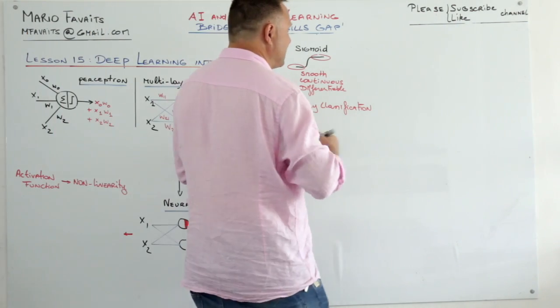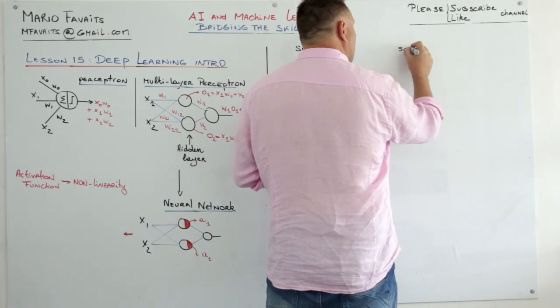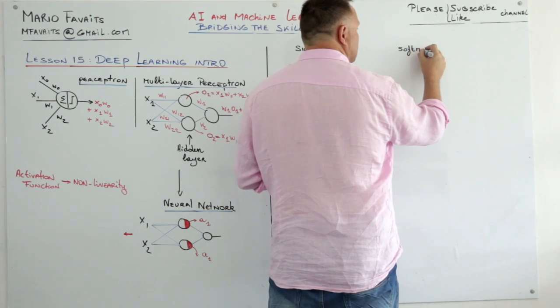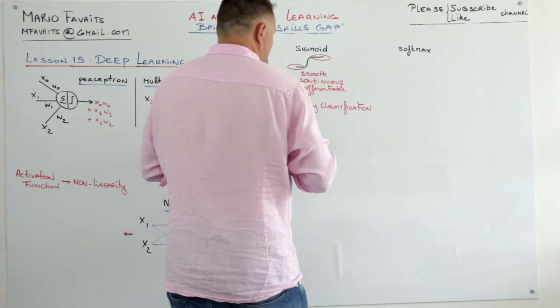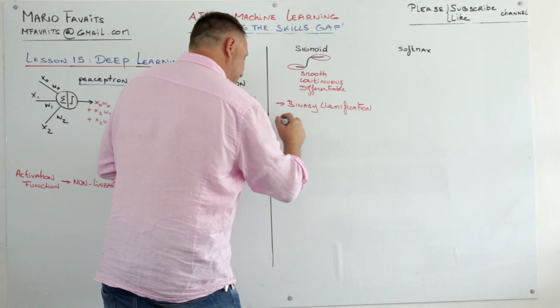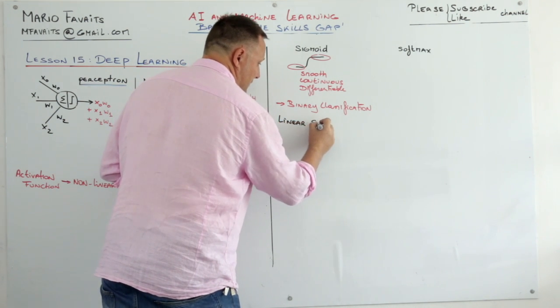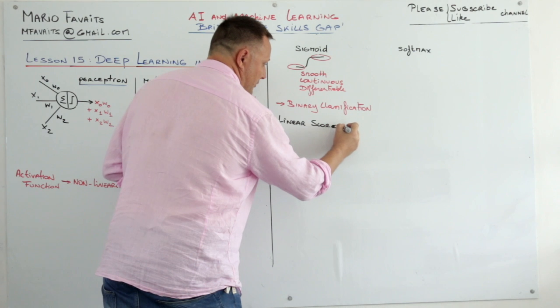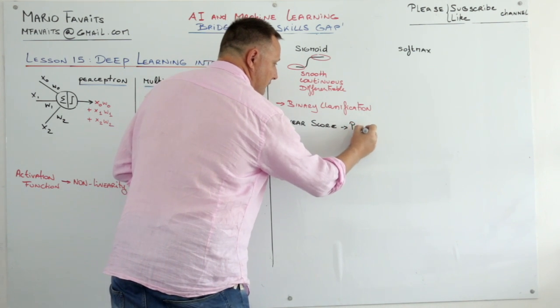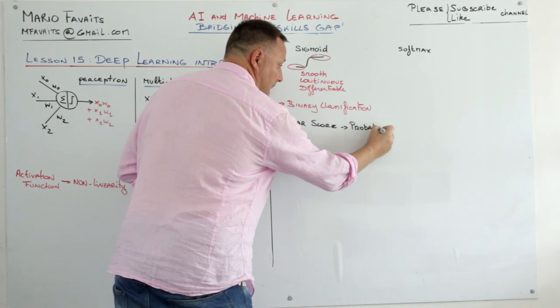Then we have another activation function which we call softmax. What sigmoid does well is it converts a linear score to a probability.